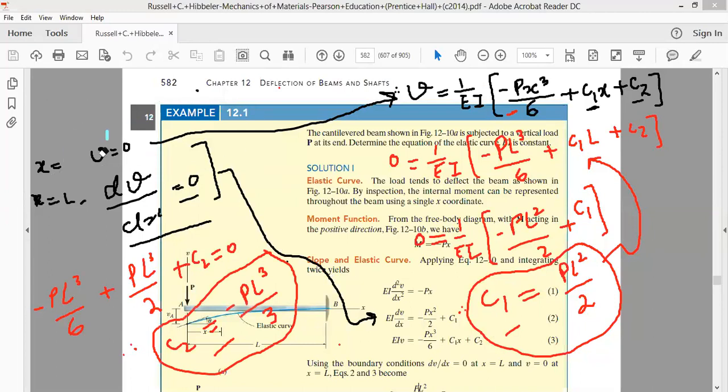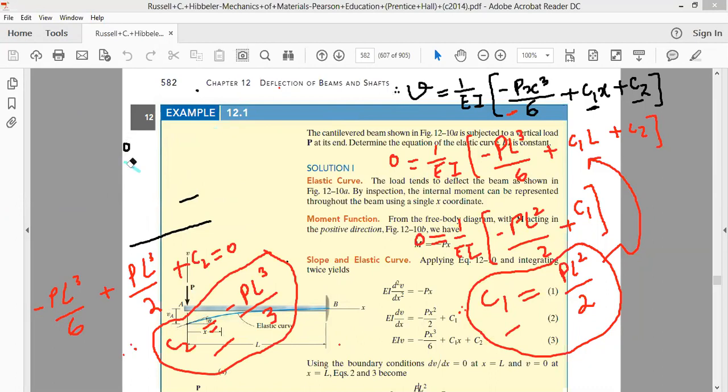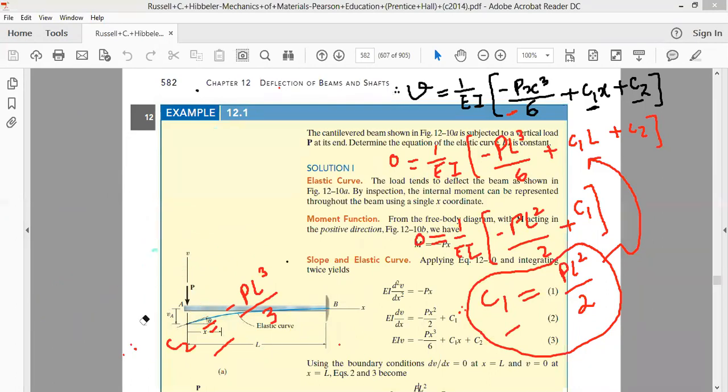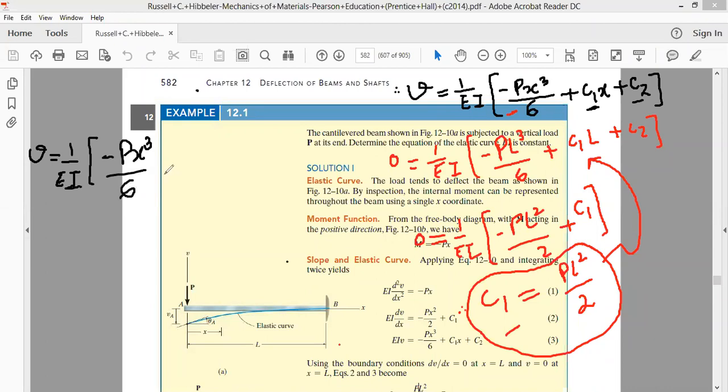Therefore, the final equation of the deflection curve will become: ν is equal to 1 by EI multiplied by minus Px cube by 6 plus C1 into x, that is PL square by 2 into x, plus C2, and our C2 is equal to minus PL cube by 3.